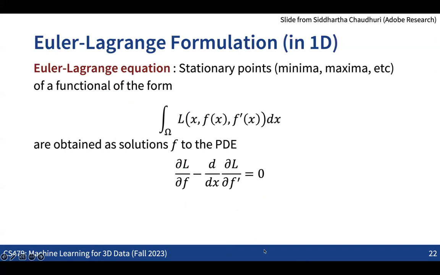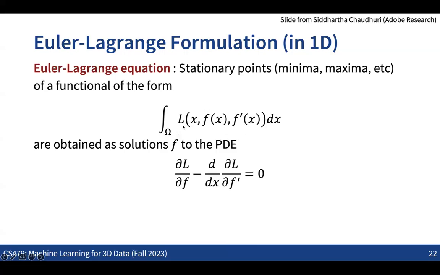It is a very general formulation that can be applied to many applications, especially in physics. The basic idea is that for any integral of this form, defined with the function L, which is a function of the variable x, the function f, and its derivative here.